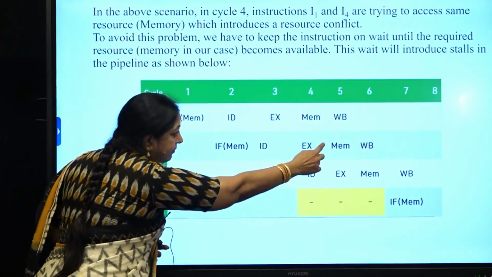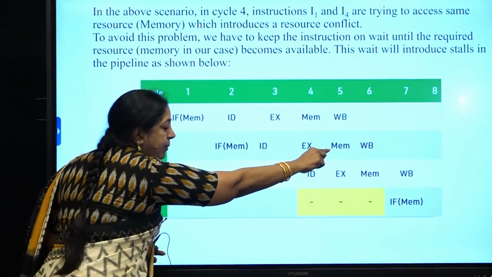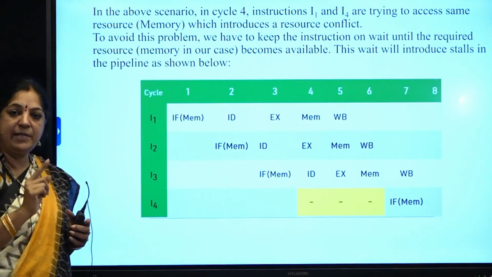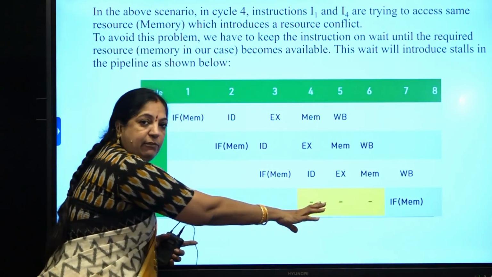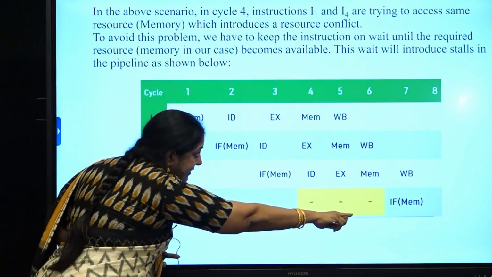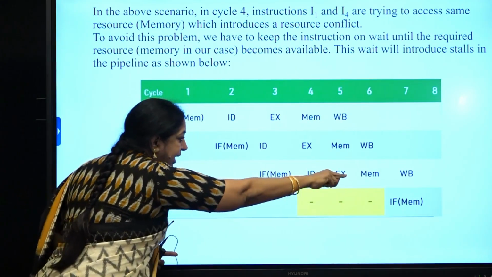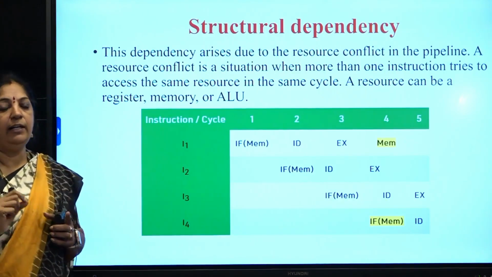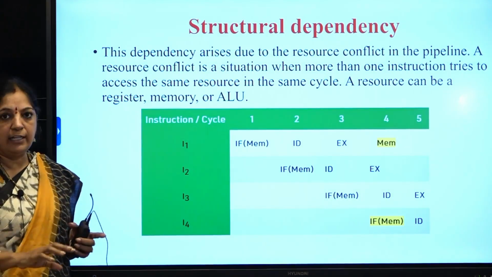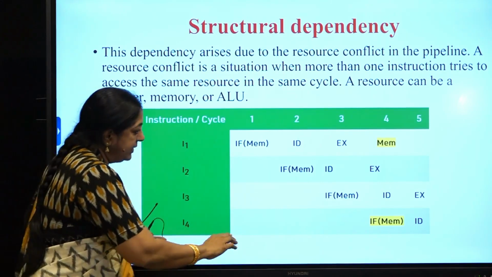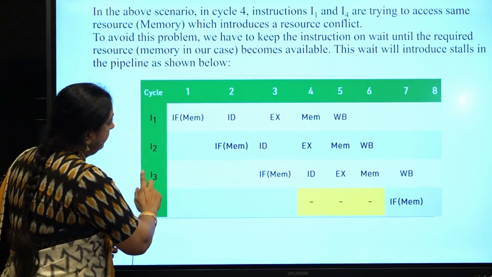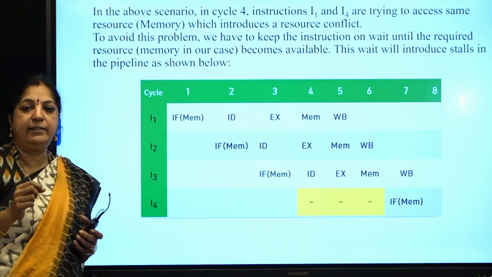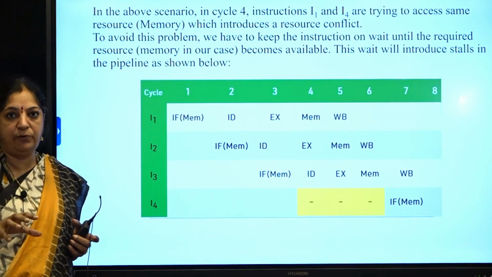Next cycle, instruction 2, memory access is there. That means the same resource is again used. Here also we will not do anything, we will delay. Next instruction, instruction 3, it is using the resource memory. So there also we will not do it. That is, we will delay until that particular resource is free.